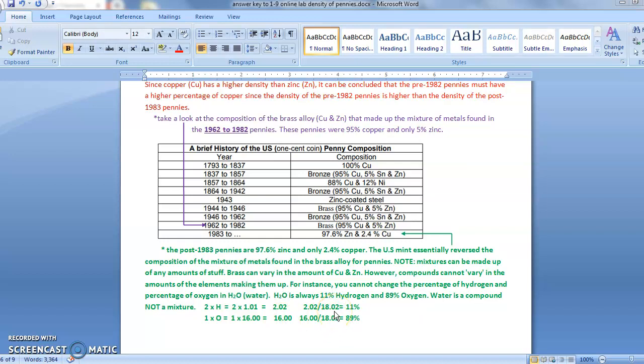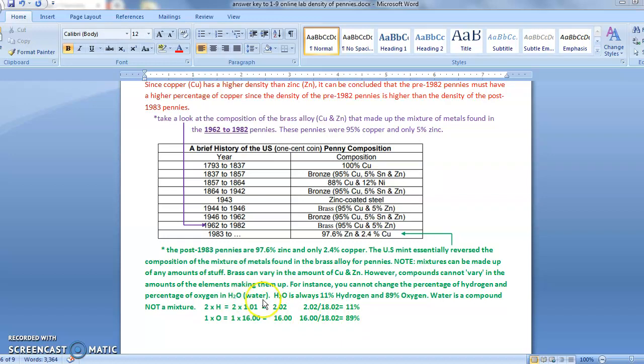So how much of water is hydrogen? Well, there's 2.02 part hydrogen. Water's total is 18.02. If you take 2.02 divided by 18.02, it's around 11%. Water is 1 part oxygen. Oxygen is 16. Water's total is 18.02. 16 divided by 18.02 is 89% oxygen.